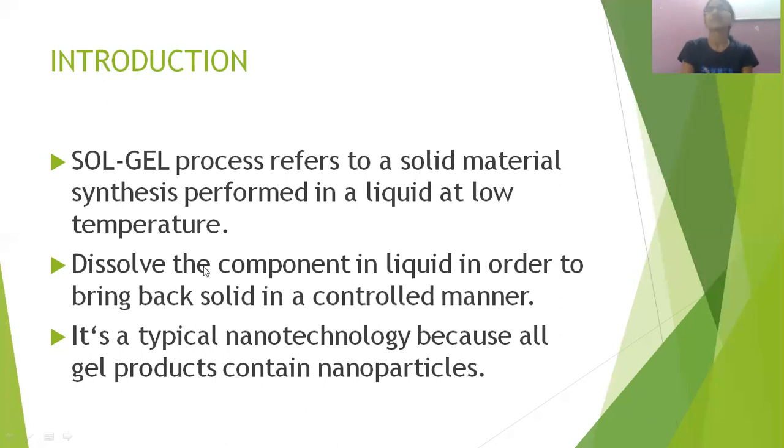So basically, we synthesize a solid from a jelly-like substance or a liquid at a low temperature. This is nothing but nanotechnology because all the gel products contain nanoparticles. From the nanoparticles, we get a solid. So it's typical nanotechnology.